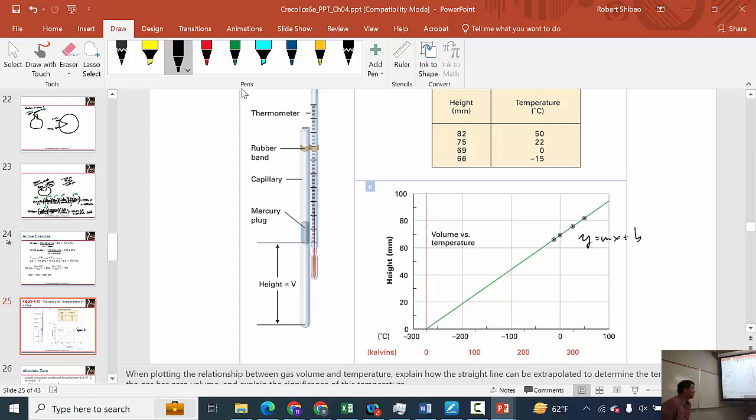Y is the height of the volume. I'm just going to call it the volume, not the height. The height is going to be proportional to the volume. M is the slope here. Then X is the temperature in degrees C, and B is the intercept.